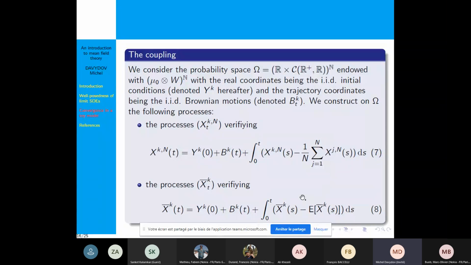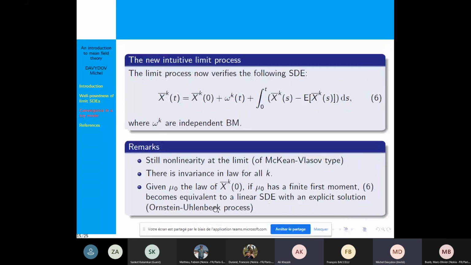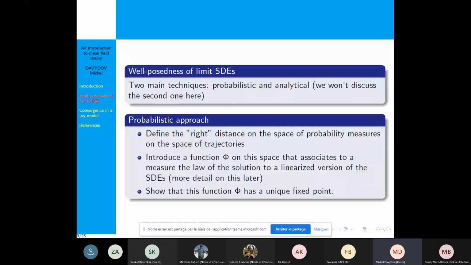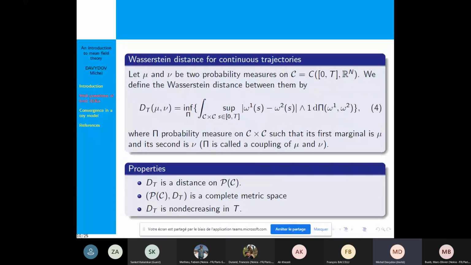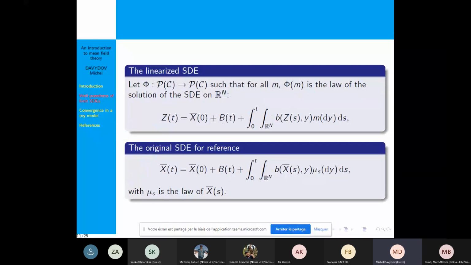If you take the mean here, it's equal to m0. Would you show the slide where you defined the map? Sure. The map is defined here. To a measure m, you associate the law of the solution of the SDE. It has already a fixed initial condition.